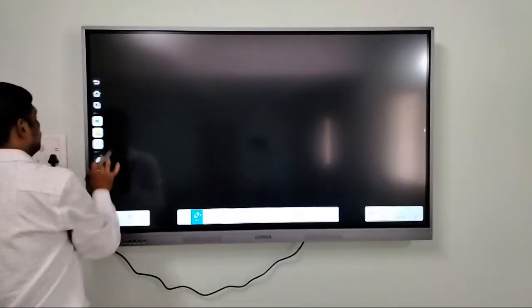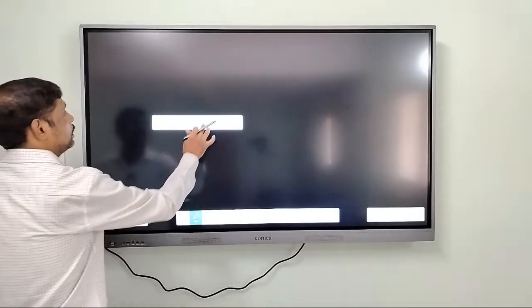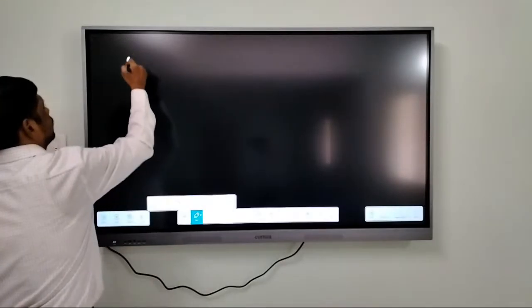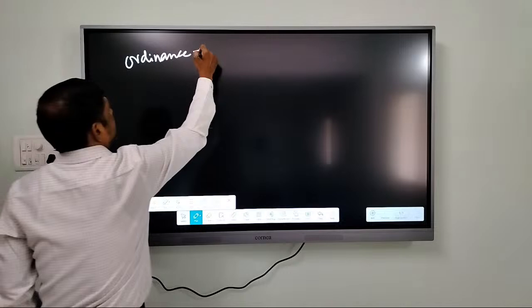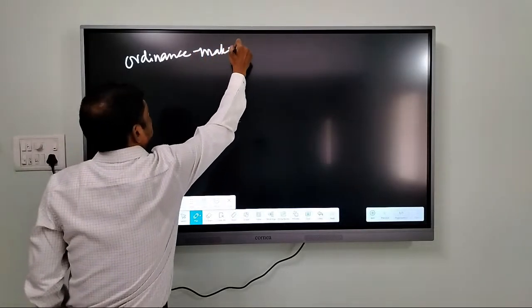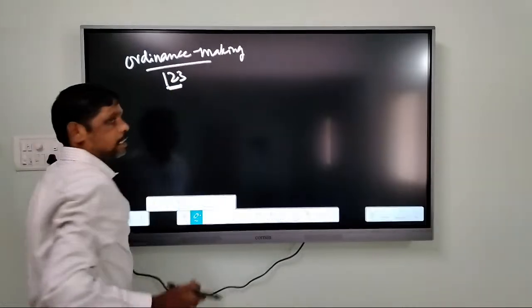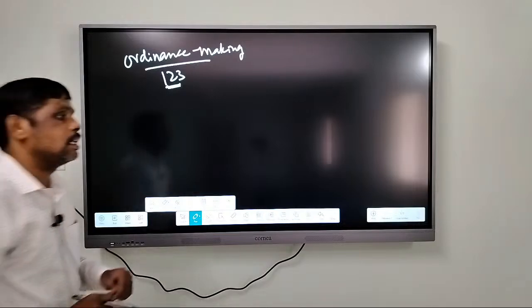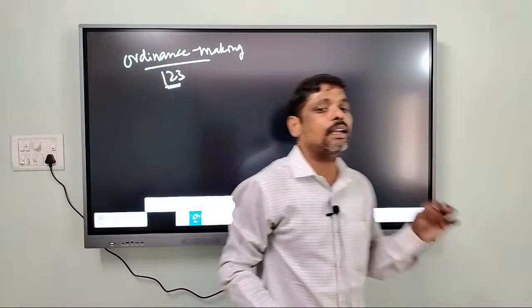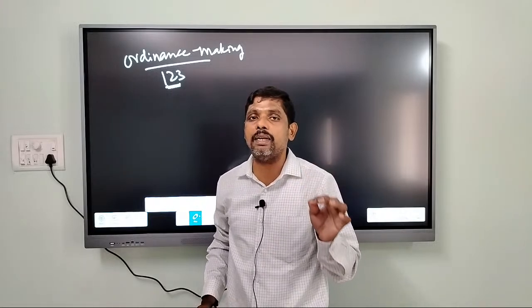Alright. So if you take this ordinance making power of President, which is mentioned in Article 123, the primary condition for issuing the ordinance is when no House of Parliament is in session. That is, when neither House of Parliament is in session.